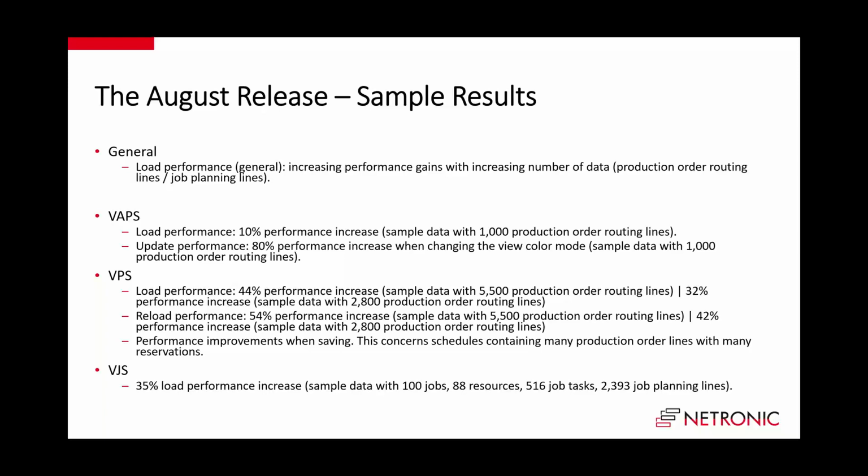So version 1.10.1 for the VAPS and 1.15 for VJS and VPS are available for Business Central 18, 19, 20. If you are on these versions, make sure you update your environment or your customer's environment pretty soon, because then they will experience this tangible value.